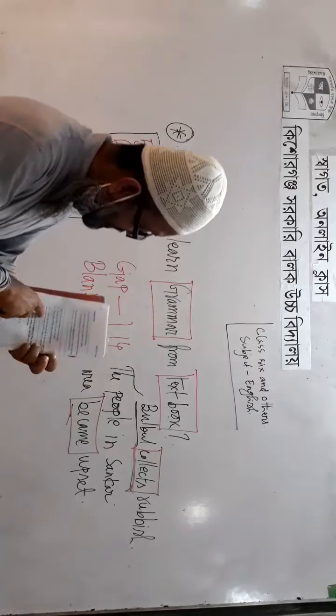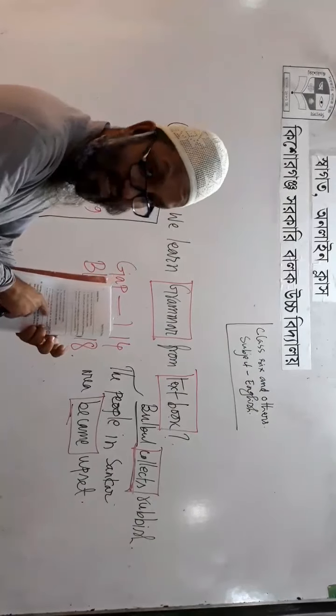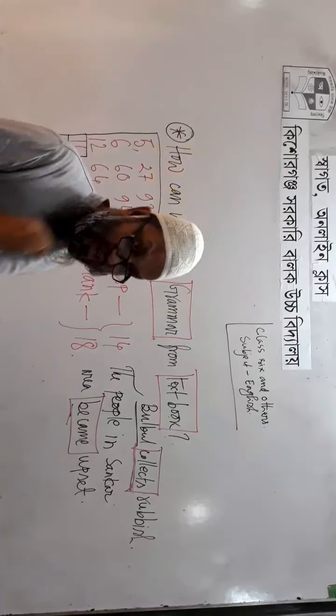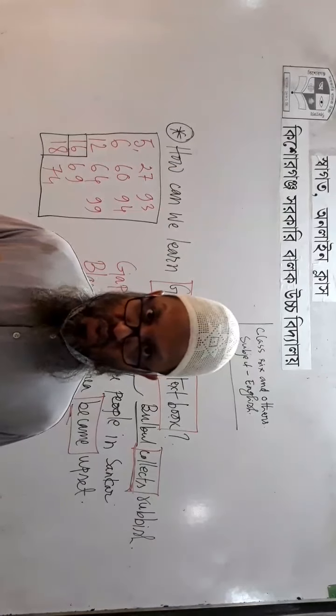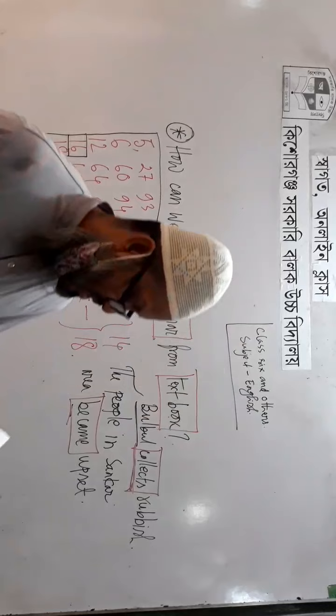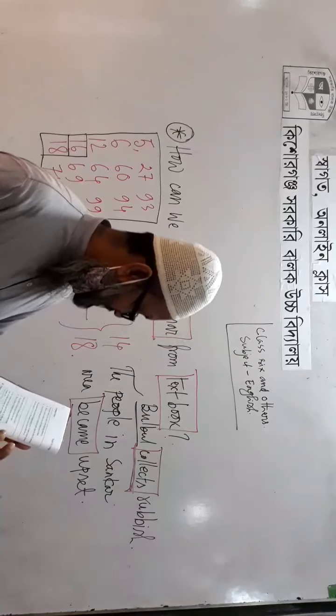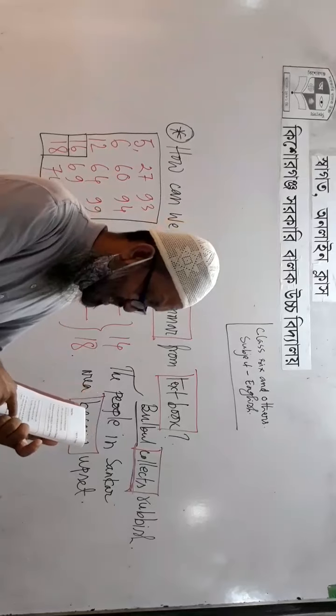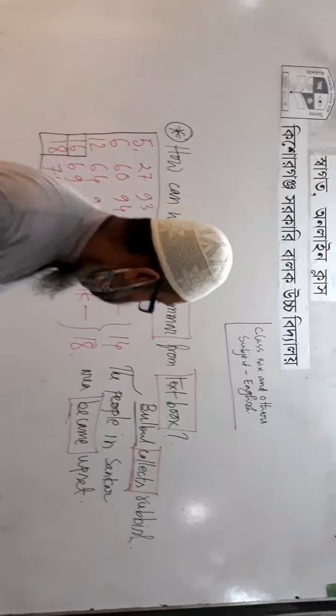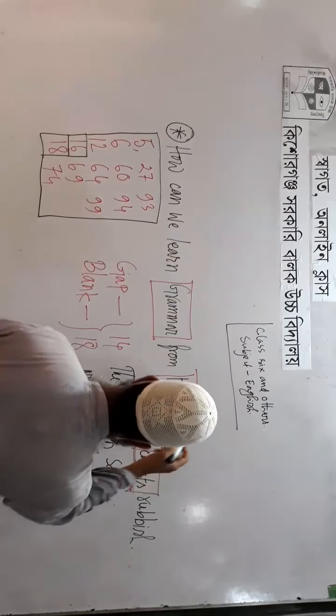Here, all the sentences talk about the past. The things which are said here are about the past. Those are told in the past tense. Okay, so they are in simple past tense. In simple past tense, the verb is always in past form.